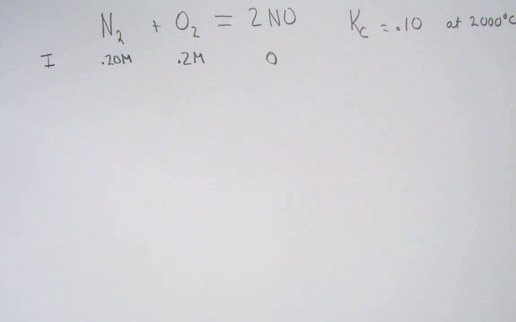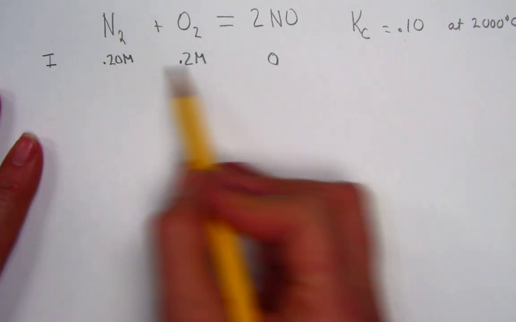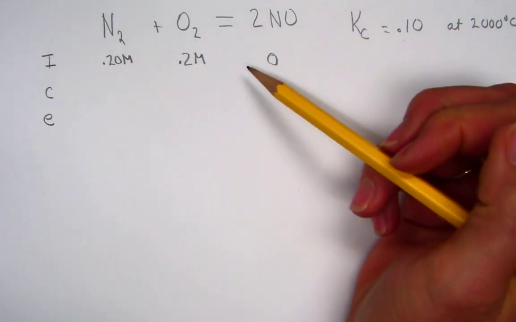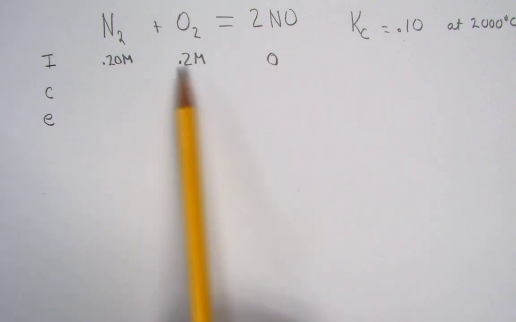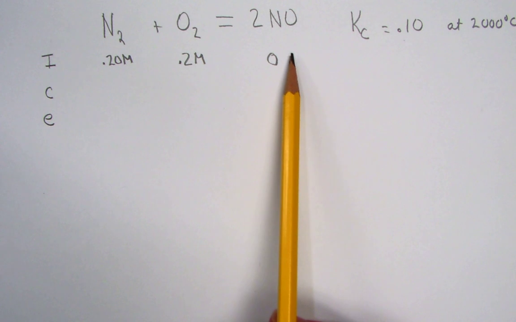Alrighty, so move the book out, get my calculator ready. We know Kc, we know the initial amounts. When the reaction proceeds, there is only one direction possible with this reaction. I have no product, so the reaction only has one choice, and that's to move in the forward direction.